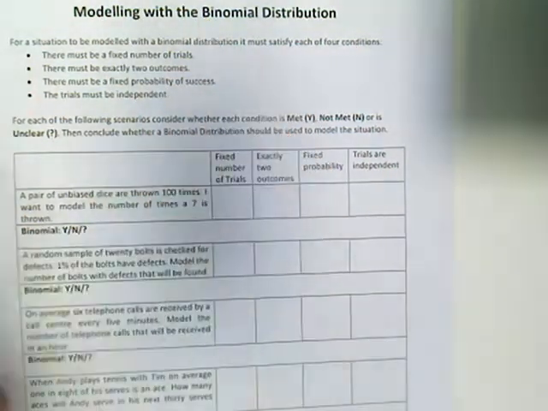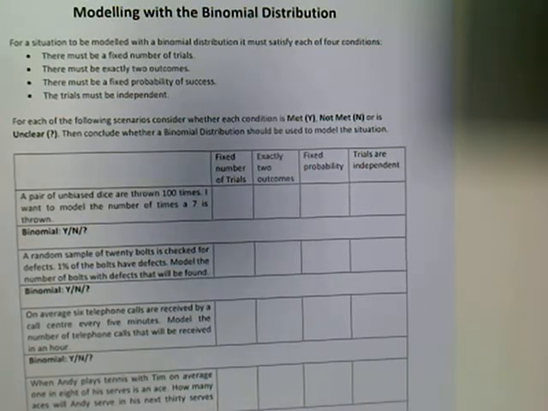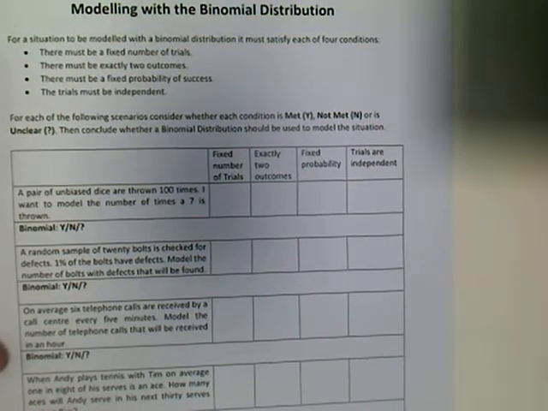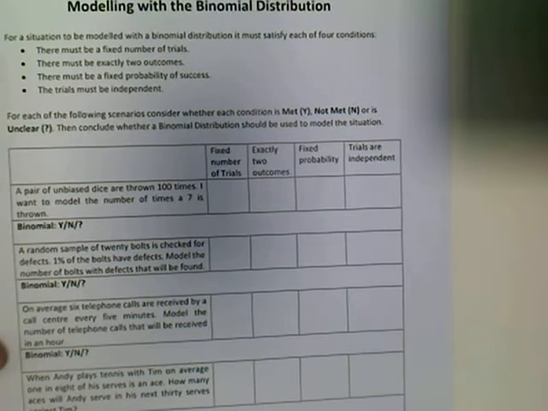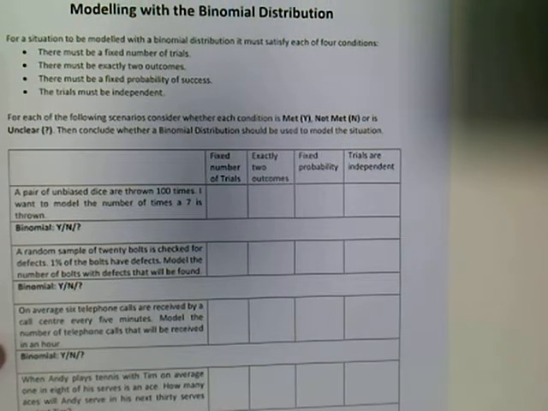The bi in binomial is where the two outcomes comes from. Are these probabilities fixed each time, and are they independent? Each time we are thinking yes or no, it applies. If all four of the criteria are met, then we can use binomial distribution to model this scenario.